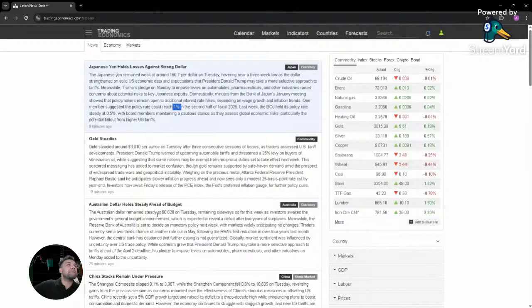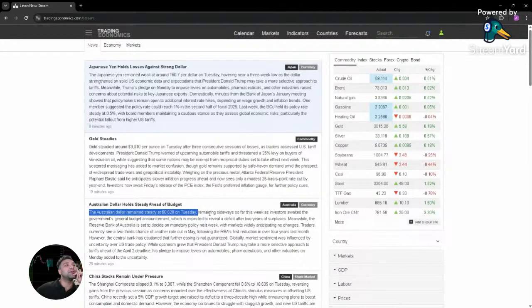So Australian dollar, we can check it out, remained steady on Tuesday. It remained quite steady, by the way, more than my expectation, because the euro was shattered today.